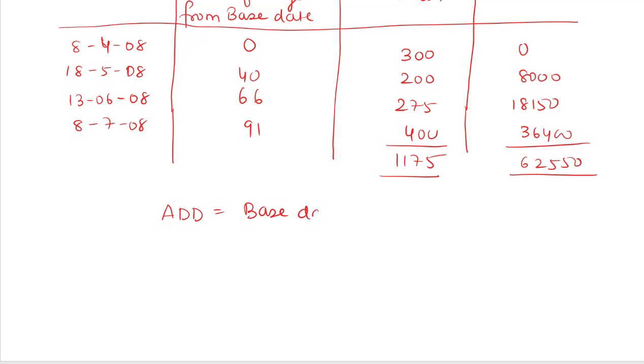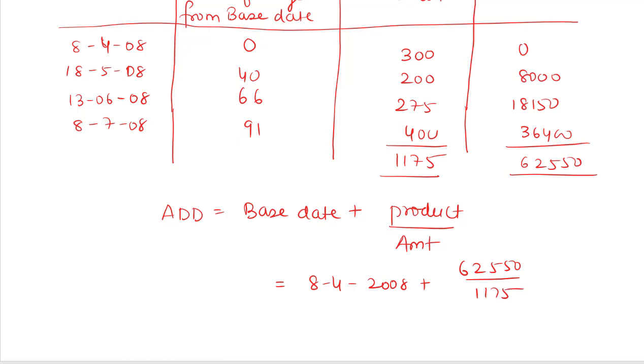Average due date equals base date plus product divided by amount. 8/4/2008 plus 62,550 divided by 1175, that is 53 days. 31st May 2008.